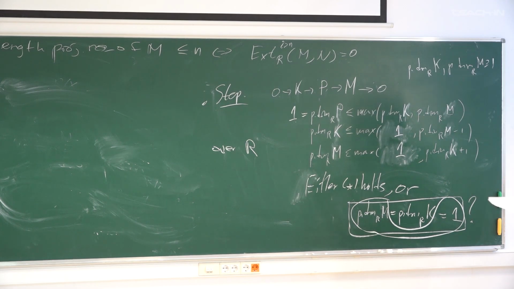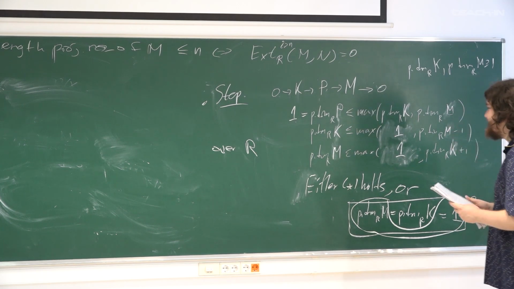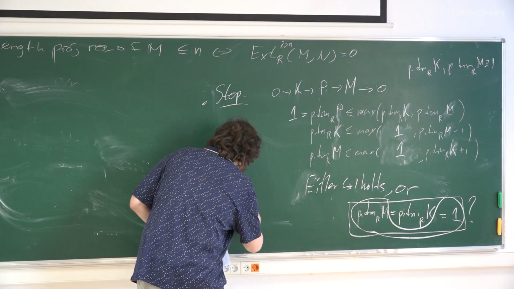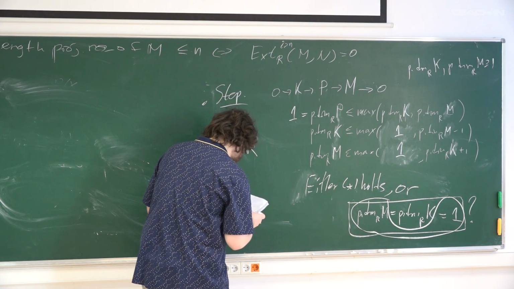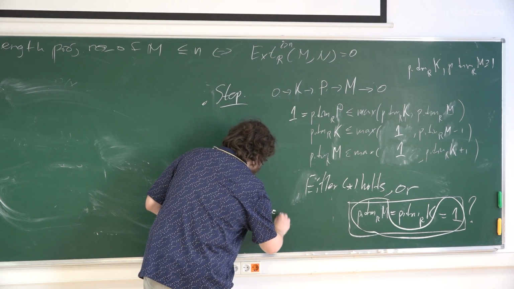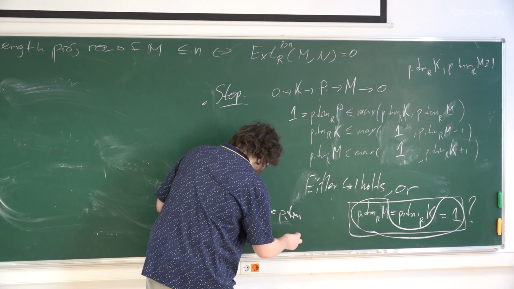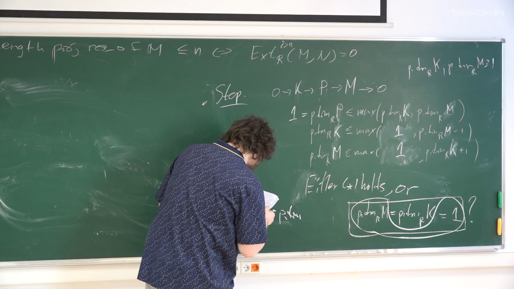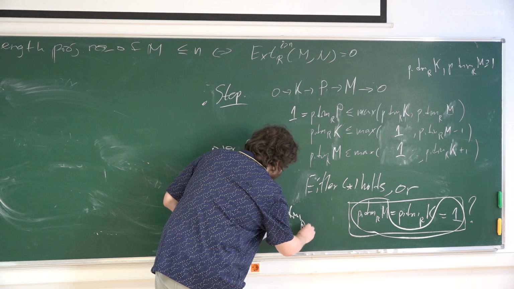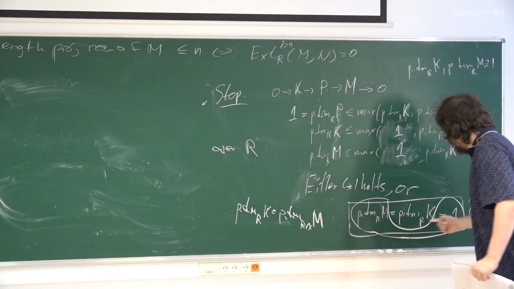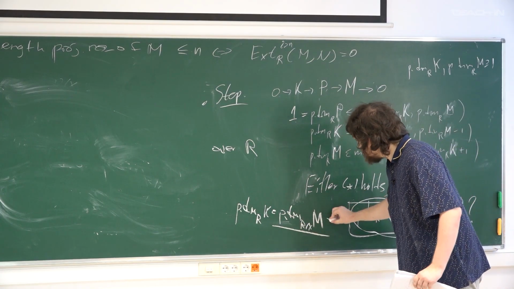And from this and from the equality by induction on K, we know that projective dimension of K is equal to projective dimension of R modulo X. So from this equality, we obtain that this projective dimension is 1.